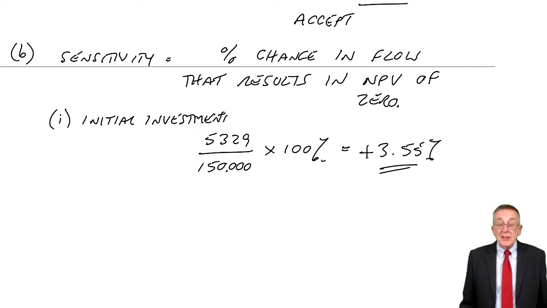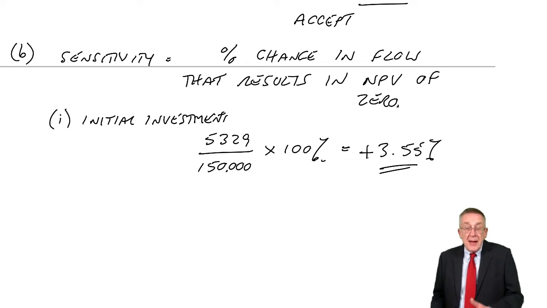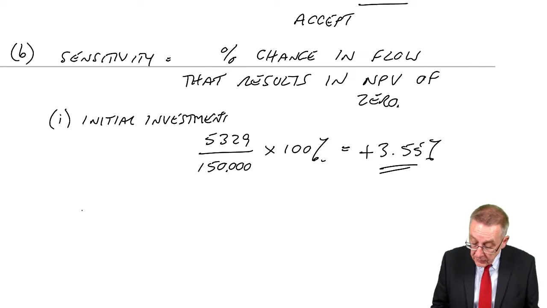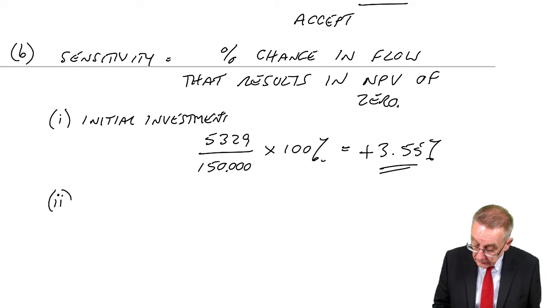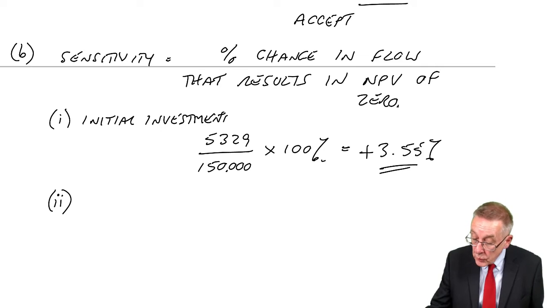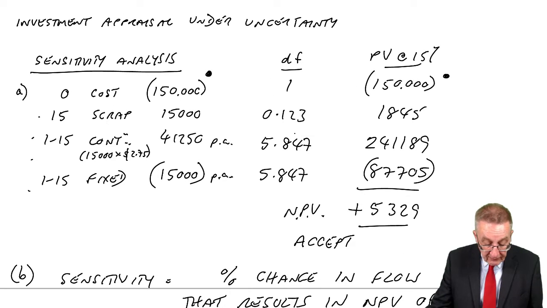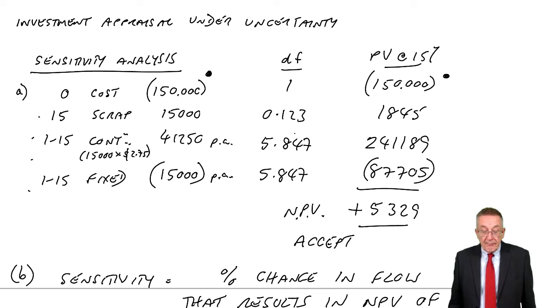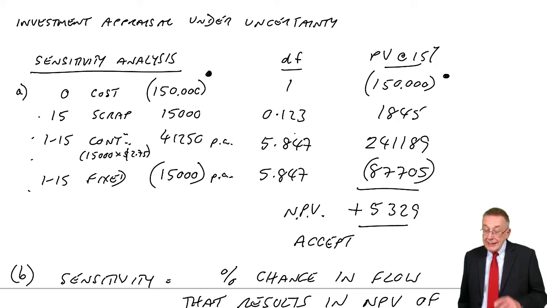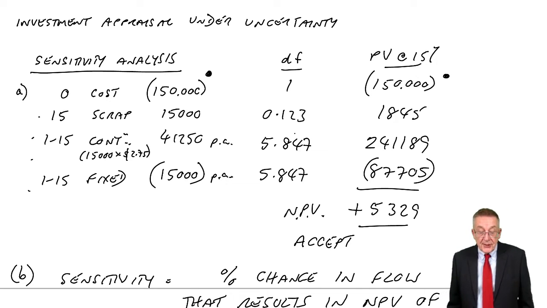Now that one was perhaps a bit too easy. That's basically what we're doing. But now look at the second one. And then I can give you a rule. This time, assume that what we're unsure about is the sales volume.